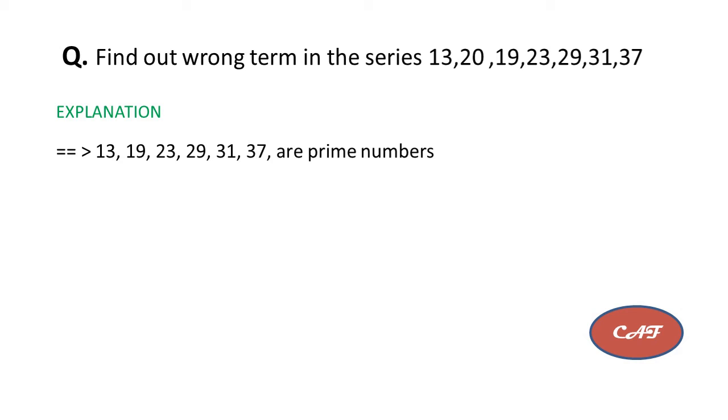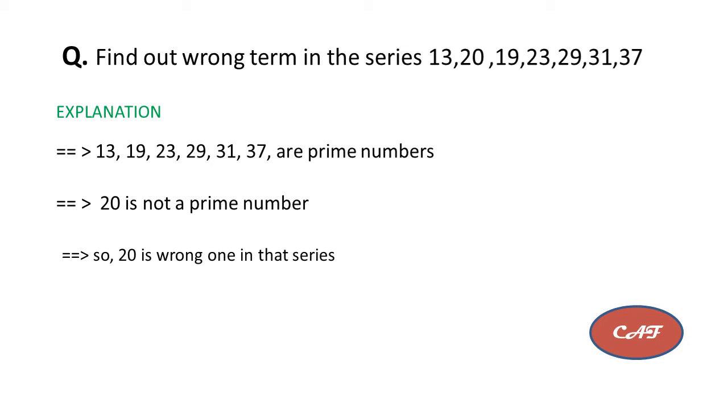All are prime. The remaining number is 20. It is not a prime number. In that question they are asking what is the odd one, meaning what is looking different among those numbers. So 20 is the answer. Okay, 20 is the wrong term.